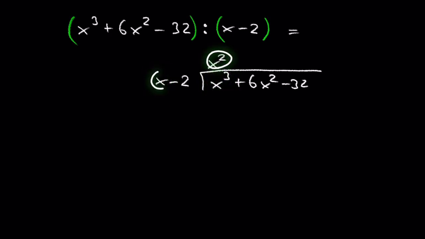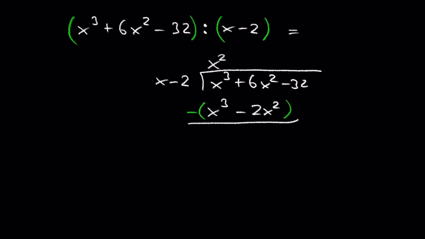X squared times x is x cubed. X squared times negative 2 is negative 2x squared. And after subtracting, we get 8x squared.